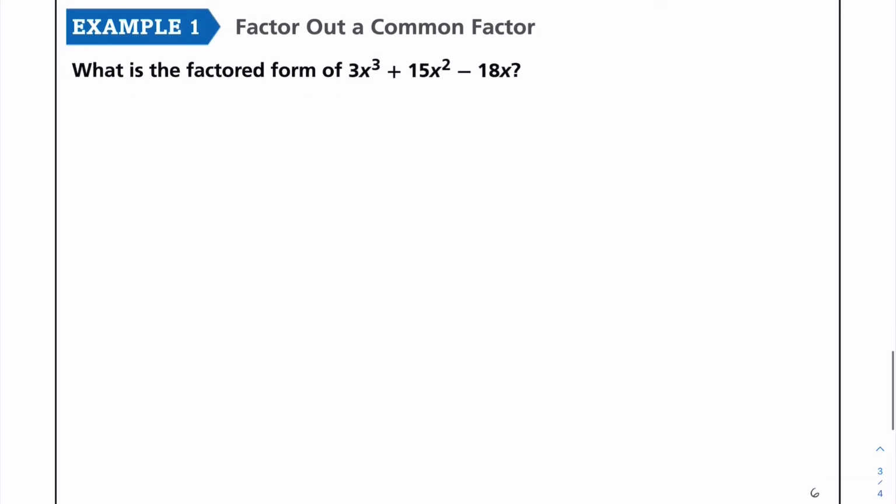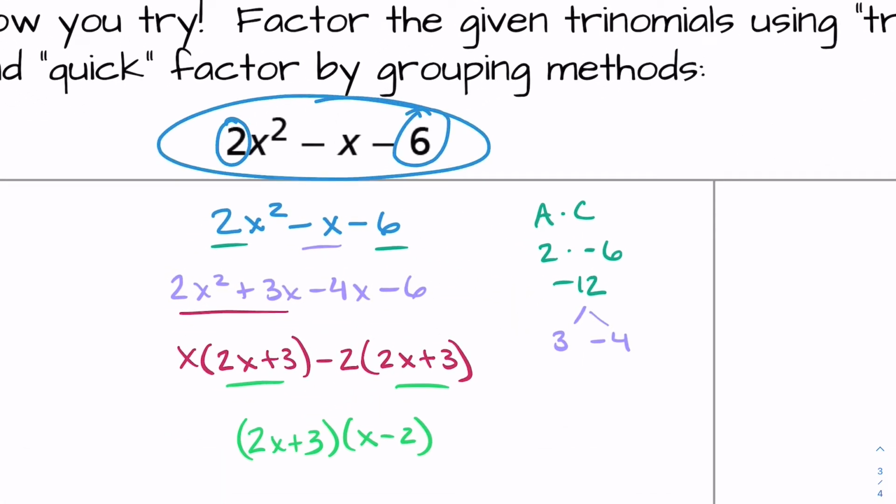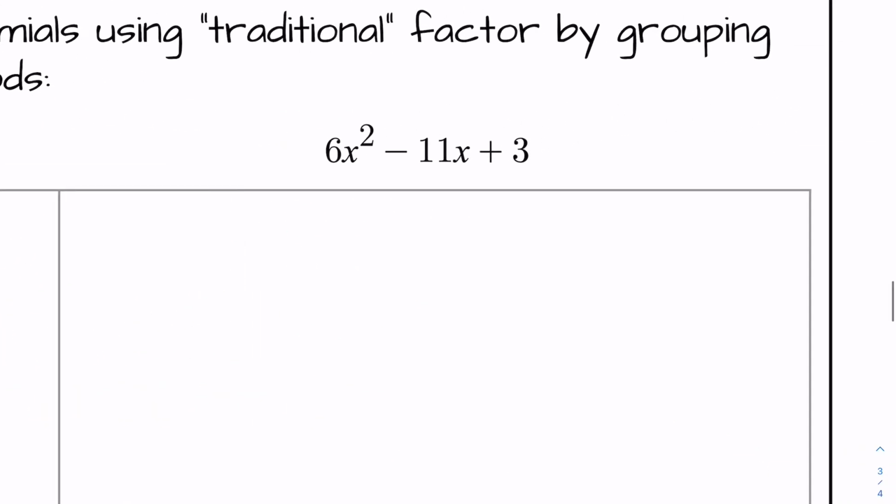Sometimes we have to factor out a common factor if possible. Look at these. This did not have a common factor. There was a 2 here, a 2 here, but no 2 here. Okay. This one, there was a 6 and a 3, but no 3s there, right?